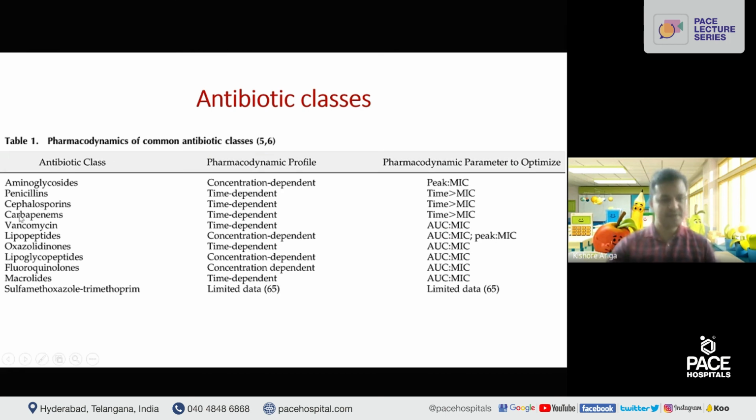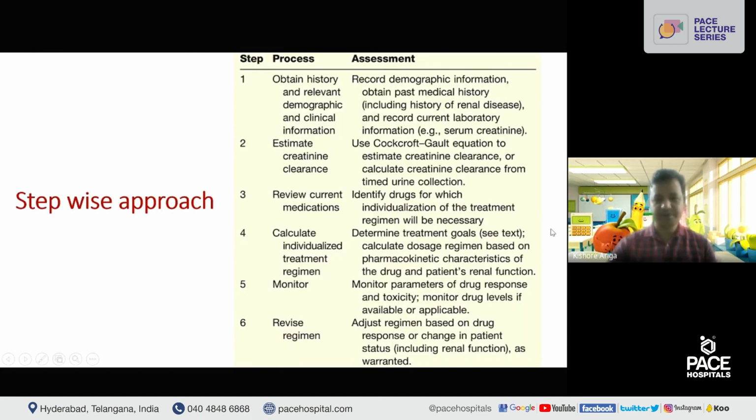Whereas penicillin, cephalosporin, carbapenem, and vancomycin are time dependent, so we will decrease the dosages of these drugs and give at the same interval. This we need to know while giving antibiotics: what type of antibiotic, what is its pharmacodynamic profile, what dosages we need to give and at what interval. So the final slide, the stepwise approach.